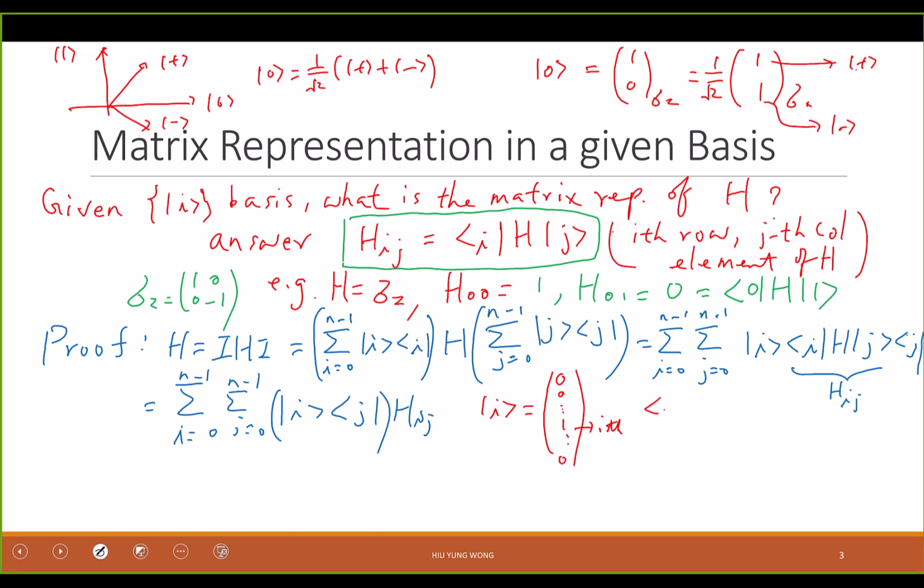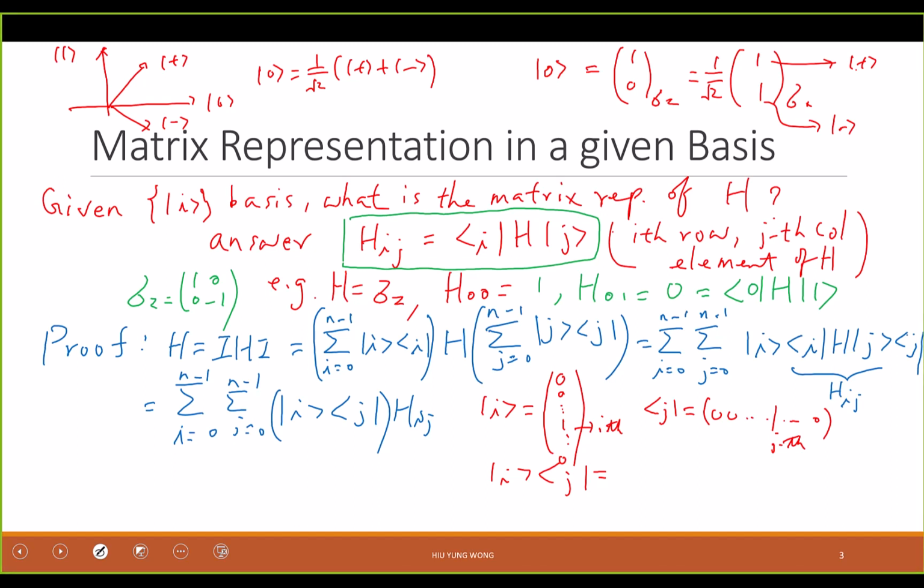How about j? I do the bra version. What is that? The jth column. Yes, 1, 0. This is jth, right? Okay, so then what is the outer product of i and j? Just do the multiplication.